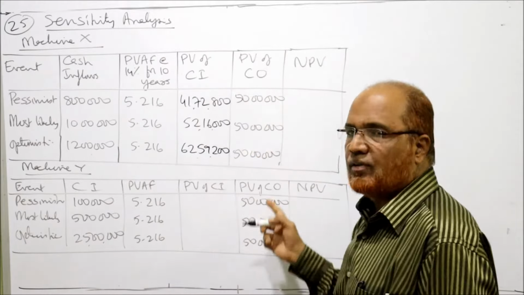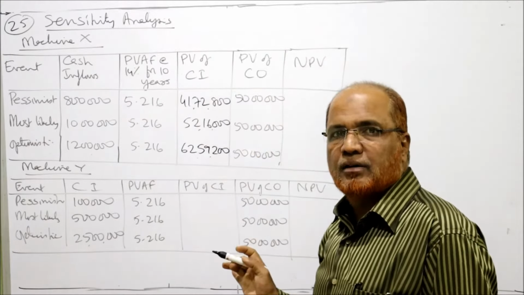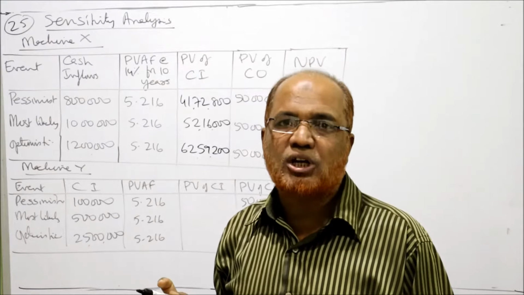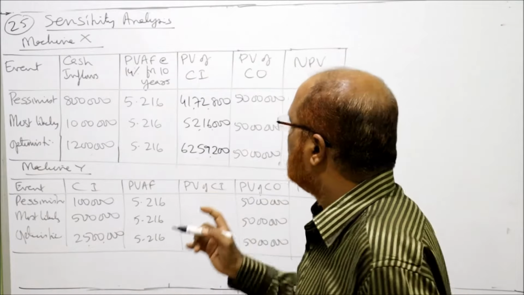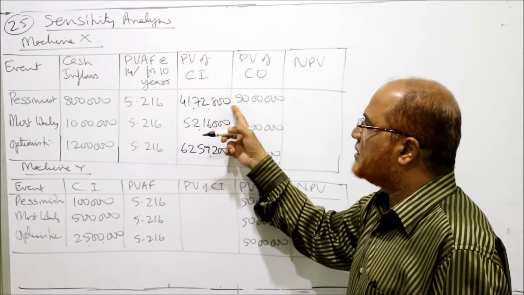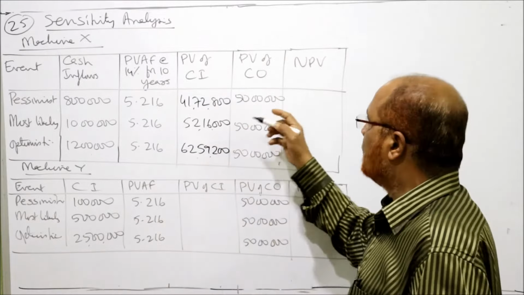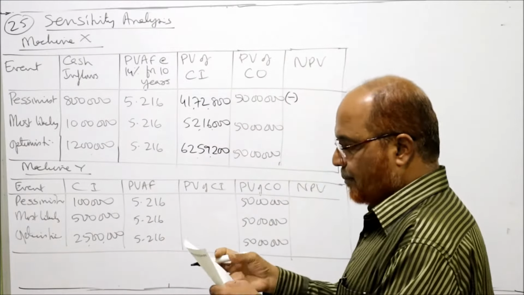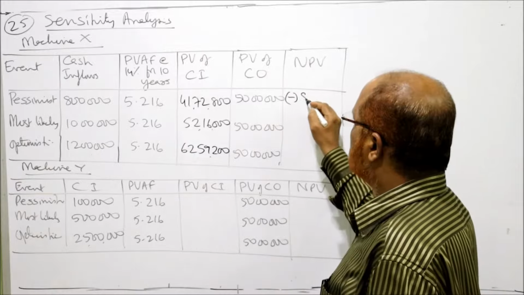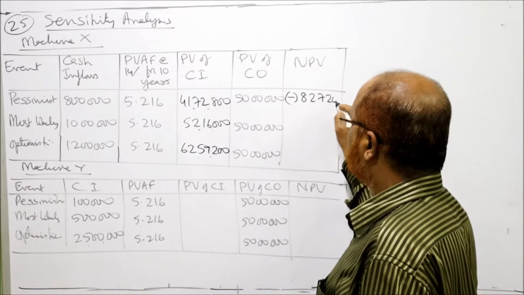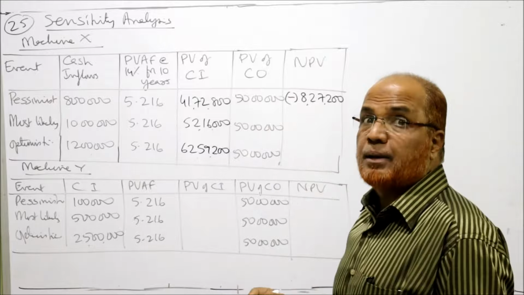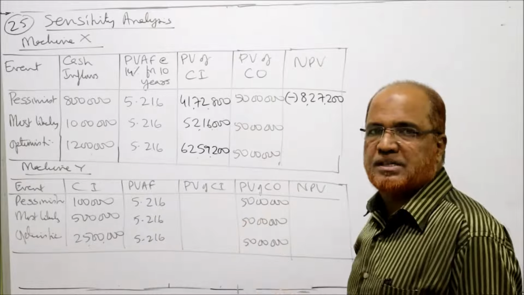PV of cash outflow is given, 50 lakh. The formula of NPV is PV of cash inflow minus PV of cash outflow. So 41 lakh 72,800 minus 50 lakh, you will get negative, minus 8 lakh 27,200. This is the NPV if the situation is pessimistic.